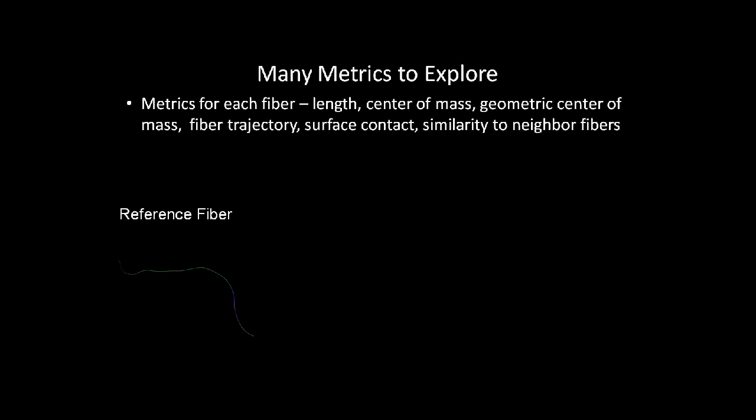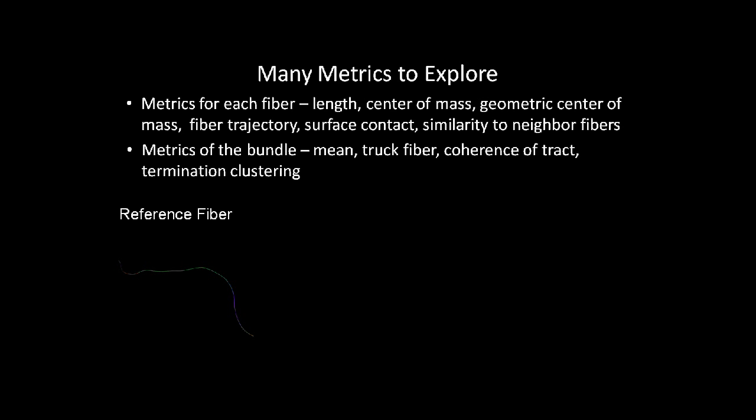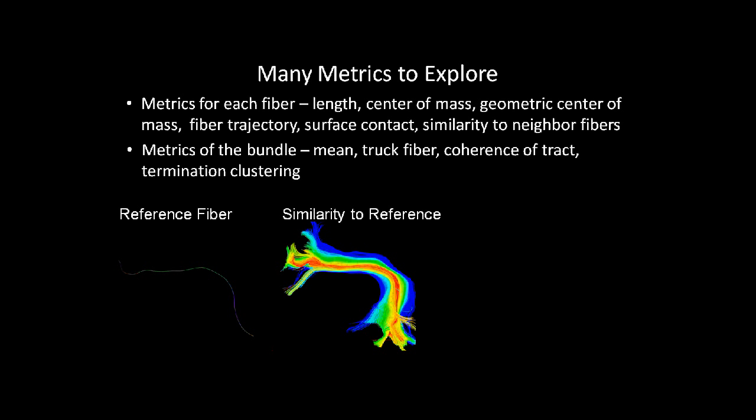For each of the challenges, you'll need to identify a reference fiber track, some fiber going through the area that will define that track. We'll then compare that with metrics of the bundle, such as the mean track fiber length, its clustering, the similarity of the fibers to that target track that you're dealing with.